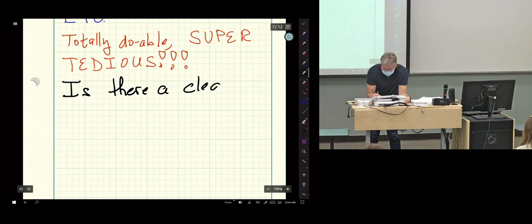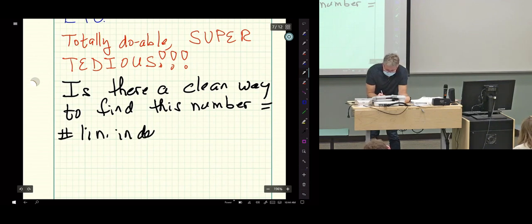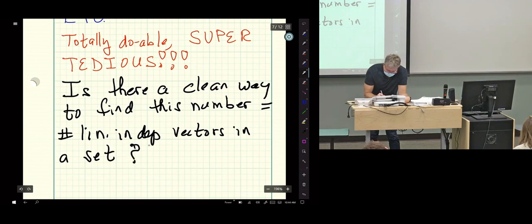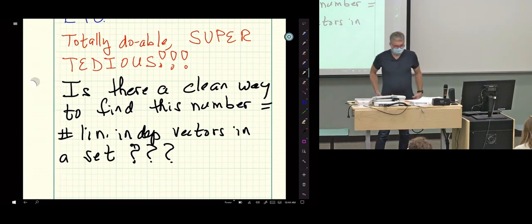Or a clean way to find this number that's equal to the number of linearly independent vectors in a set? Okay, that's the question. That's the question.